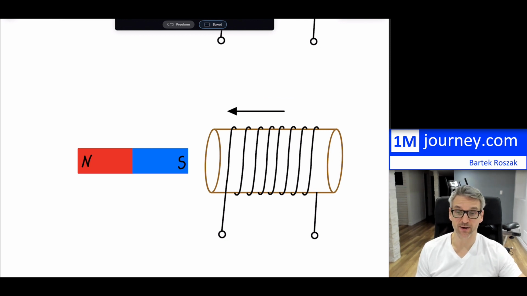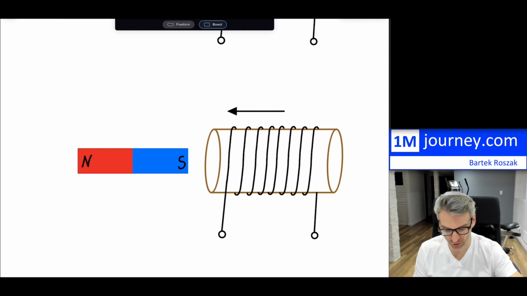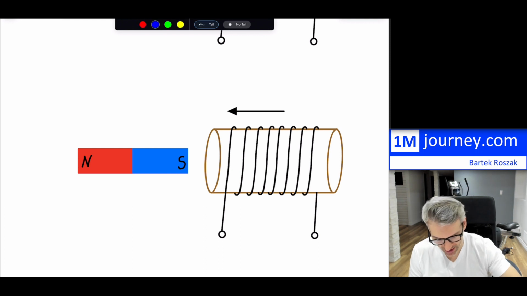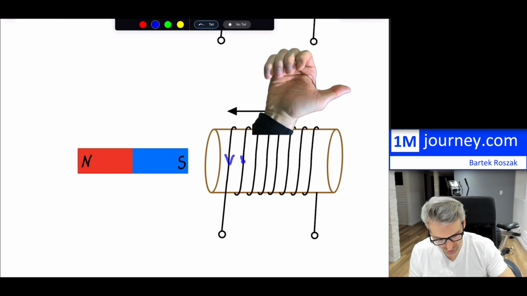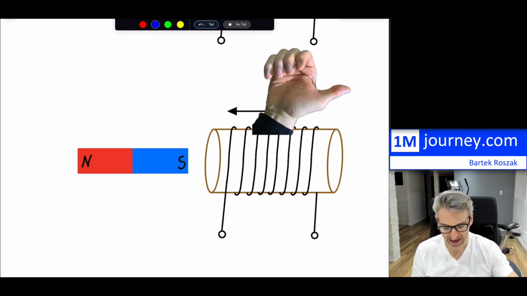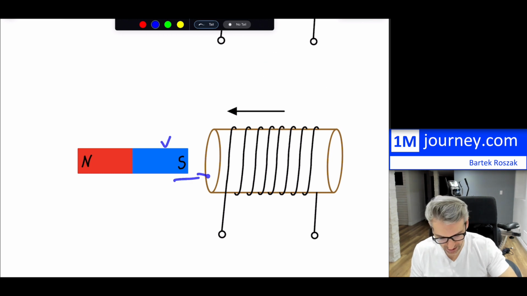What you're doing is increasing the magnetic field from the south pole, it is getting stronger as you're moving through, so it will try to repel it. So it tries to create a south pole on that particular side, and from your right hand rule, this is going to flow in that direction. And that's the same thing as if you were taking this and moving it inside of here.